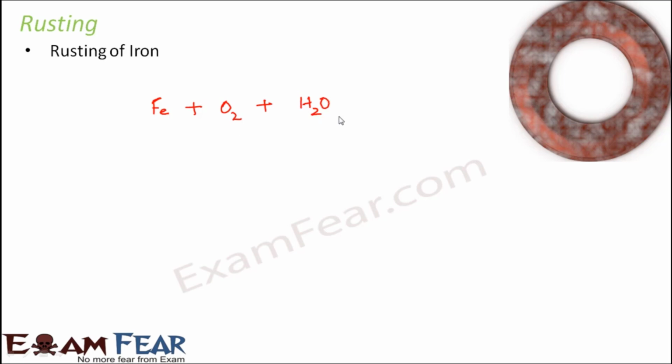It could also happen that the air is dry but there are some water droplets on this iron substance. So what will this form? This forms iron hydroxide, that is Fe(OH)3. So if you want to balance the equation, this is how it would be. So we have balanced the equation.